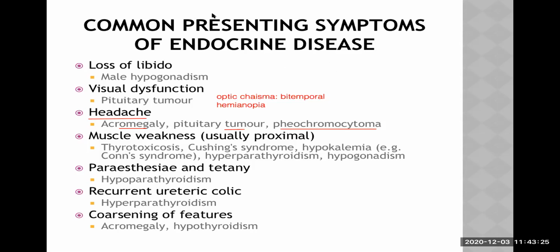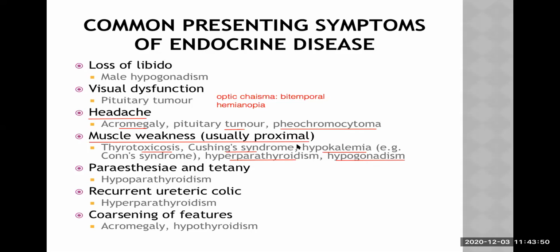Let's move on. Sometimes the person may present with muscle weakness, usually proximal myopathy or proximal muscle weakness, and the causes can be thyrotoxicosis, Cushing syndrome, hypokalemia, which is caused by Conn syndrome, hyperparathyroidism leading to hypercalcemia, and hypogonadism itself.